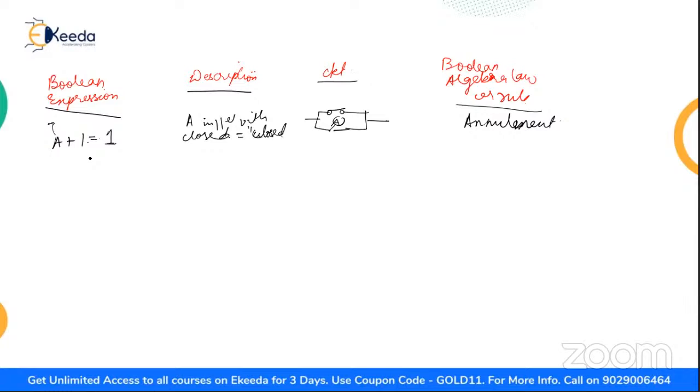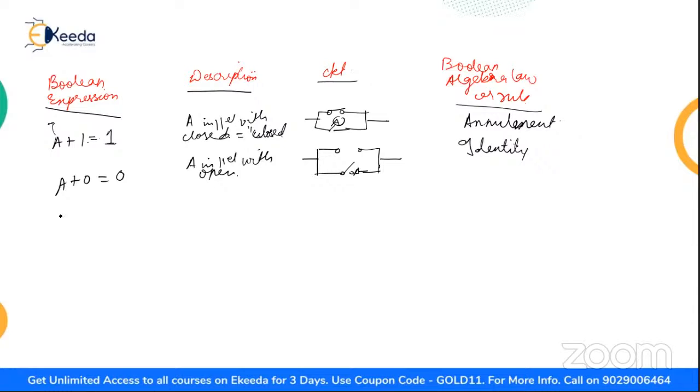So anything plus 1, a non-zero quantity plus 1, is 1. A in parallel with open, this is open and this is switch position A. This law is called the identity law.